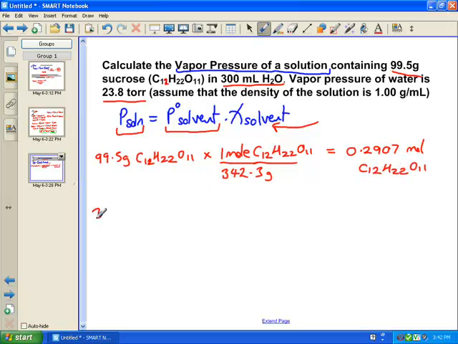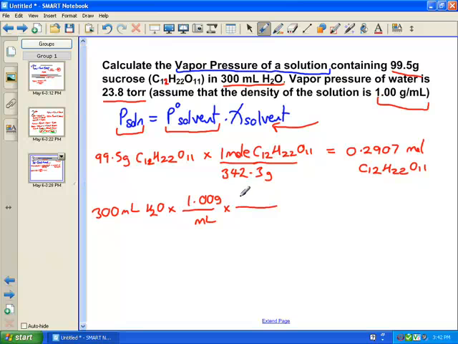So let's start with the number that we're given, which in this case is 300 mL of H2O. Now of course mL is no use if we want moles, because we have to go through grams. So how do we go from mL to grams in this case? Well, of course we use our density. We know we have 1 gram per mL, which gives us our mass, and then we do what we did up here.